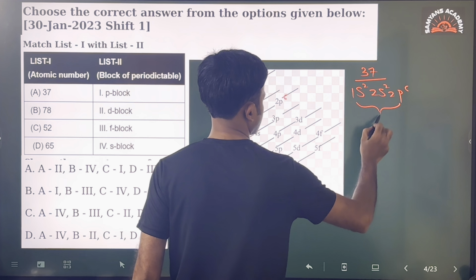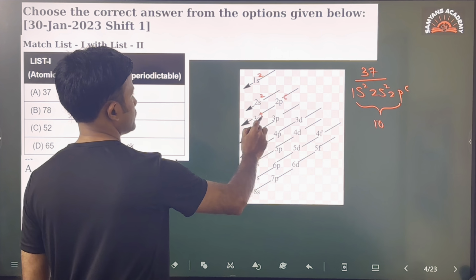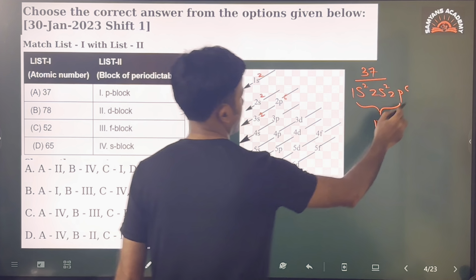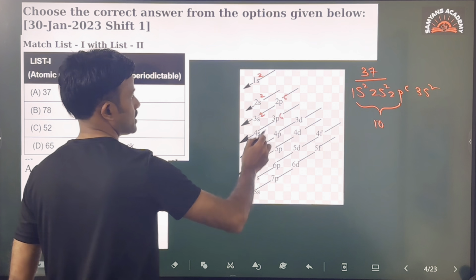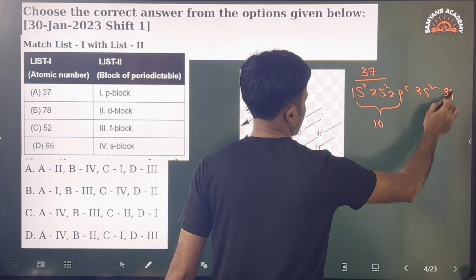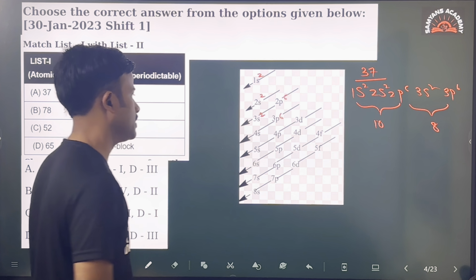Up to here 10 electrons are over. Next 3s2, and after 3s2 the electrons enter into 3p6. Up to here 8 more electrons, 10 plus 8, 18.